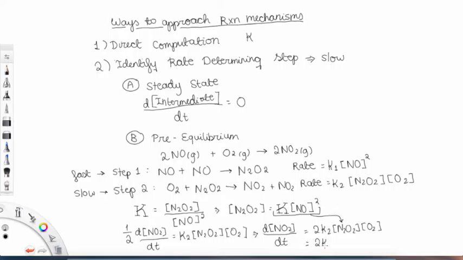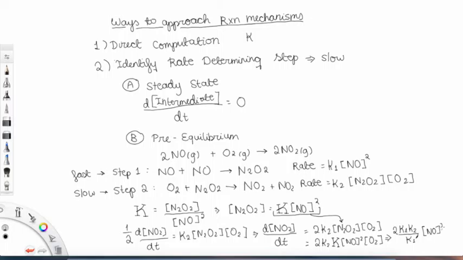I get 2 k2 K [NO]^2 [O2]. This can be rewritten as 2 k1 k2 over k1 reverse, because remember when I talked about the equilibrium constant, it can be written as the forward reaction over the backward reaction, right? And the backward reaction is indicated by the prime here.